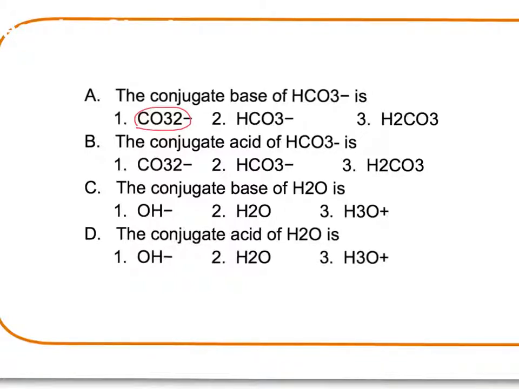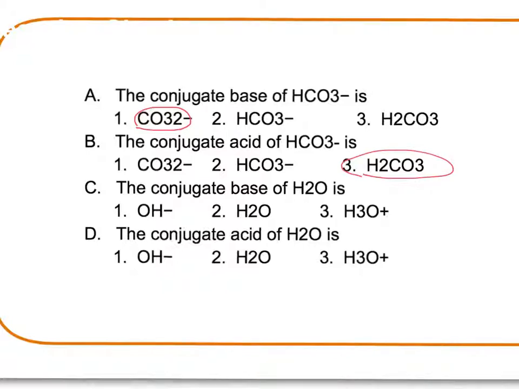The conjugate acid for HCO3- would be H2CO3. Notice that our acid has one more hydrogen than our base, and notice that we added a plus charge, so we went from a -1 to a 0 charge.